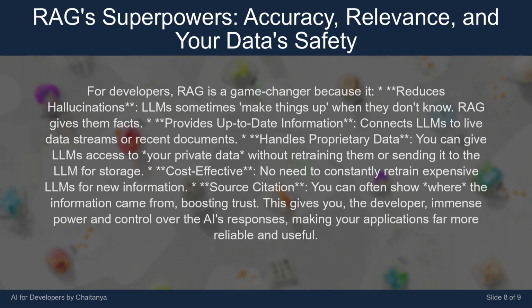It's cost-effective: no need to constantly retrain expensive LLMs for new information. And source citation: you can often show where the information came from, boosting trust. This gives you, the developer, immense power and control over the AI's responses, making your applications far more reliable and useful.